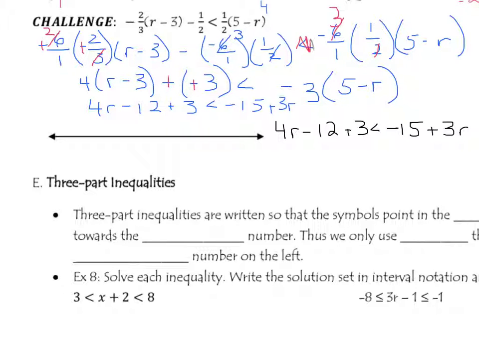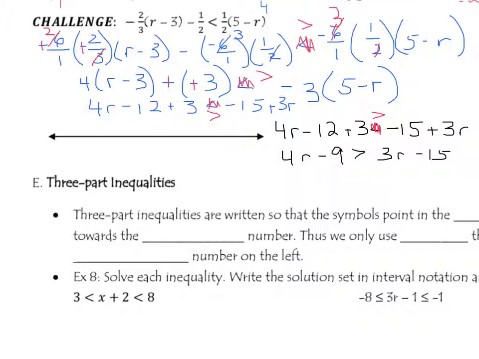So I need to come back here and reverse it. There it is again, and finally here. So that gives us 4r minus 9 is greater than 3r minus 15.